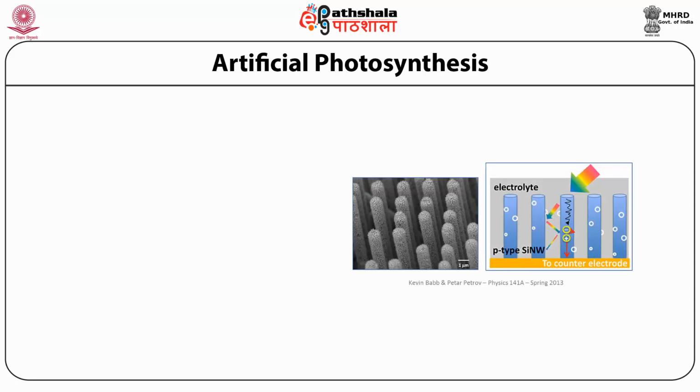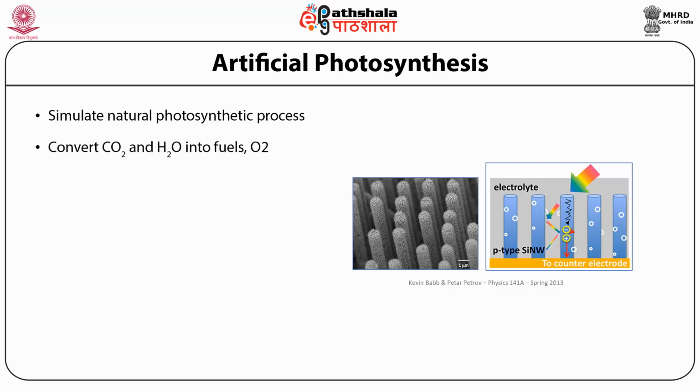Let us now discuss its application in artificial photosynthesis. It can be used to simulate the natural photosynthetic process, that is to convert CO2 and H2O into fuels, to produce O2, that is for H2O oxidation and CO2 reduction.